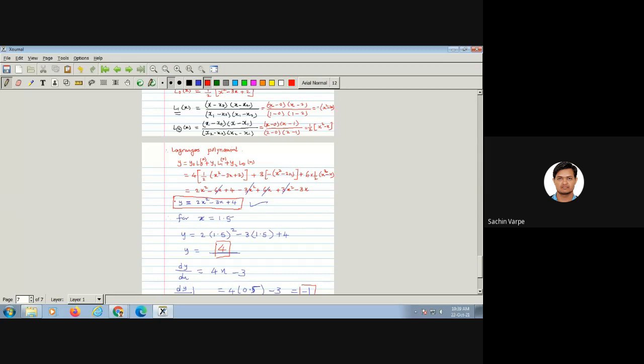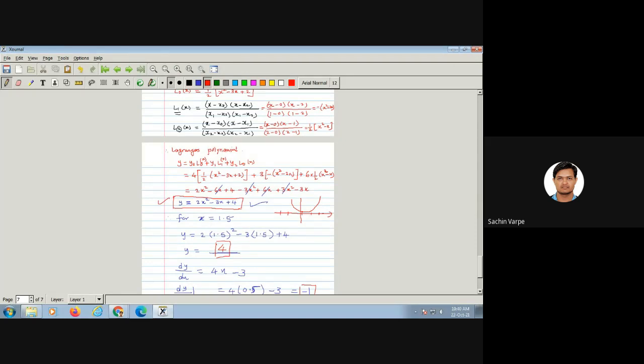This will be a quadratic curve passing through those 3 points, and suppose the curve is like this, then we can get the value of y corresponding to any x with the help of this relation. So that is the main application, the main importance of this.